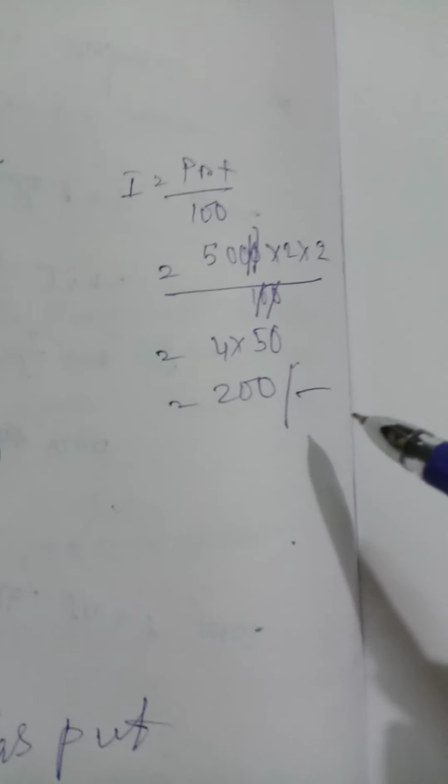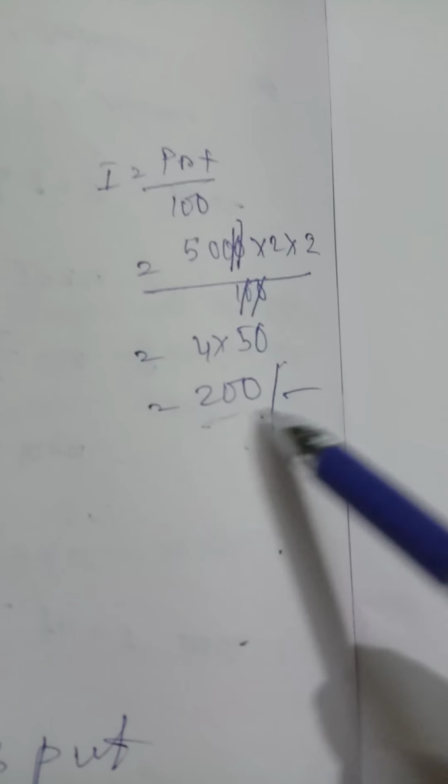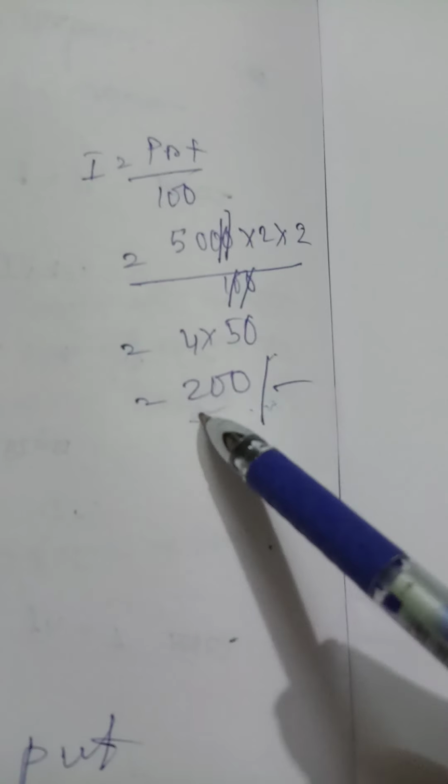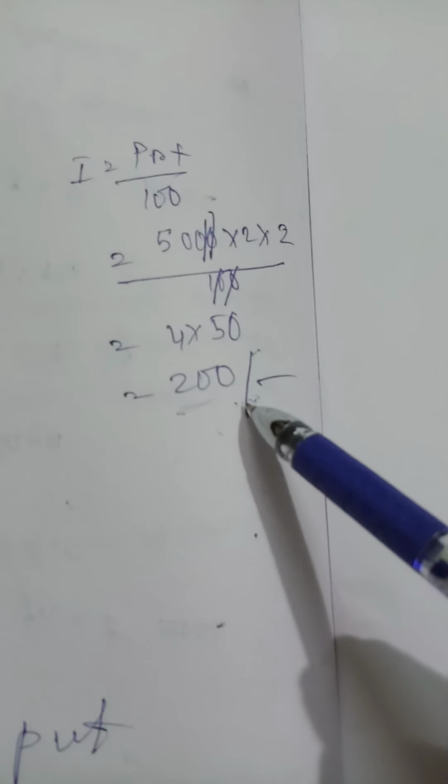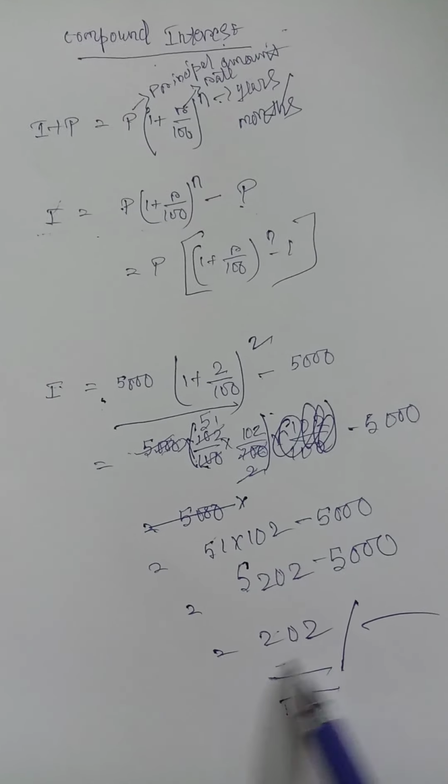And here we can see that when we calculated that same interest in the simple way, the interest was 200 rupees, and later when it comes to the compound way of calculation, it becomes 202.